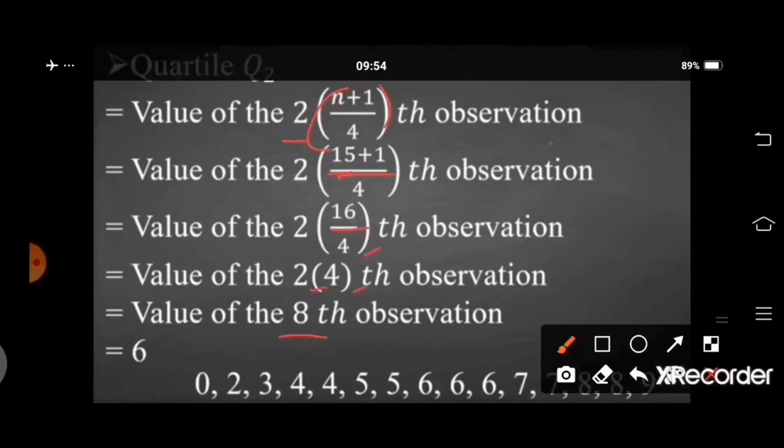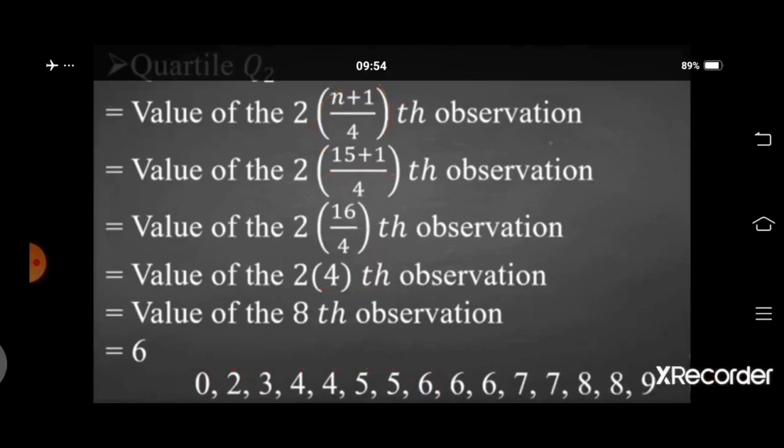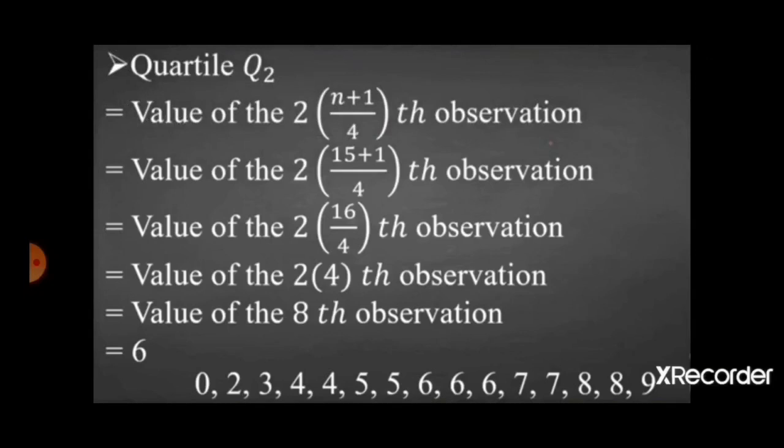We will get the 8th observation. The 8th observation means 1, 2, 3, 4, 5, 6, 7, 8. So students, quartile 2 is here 6. Quartile 2 equal to median.